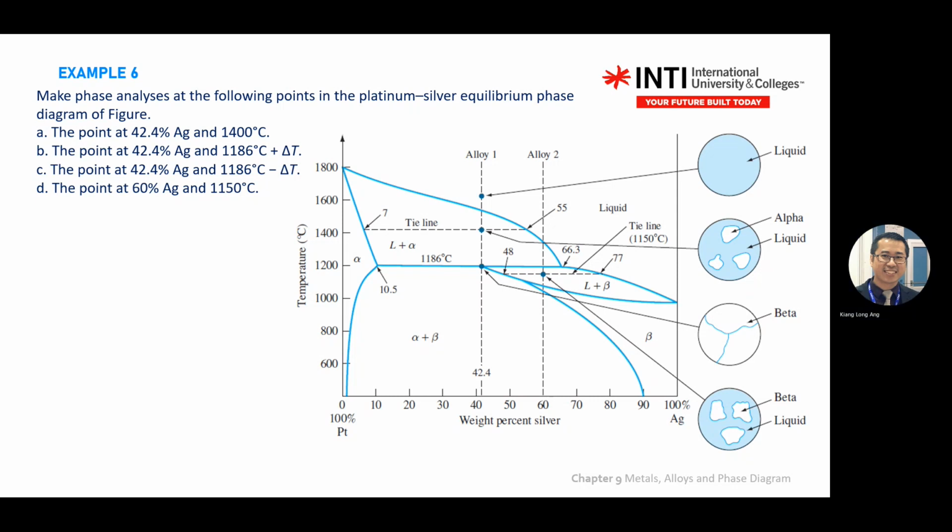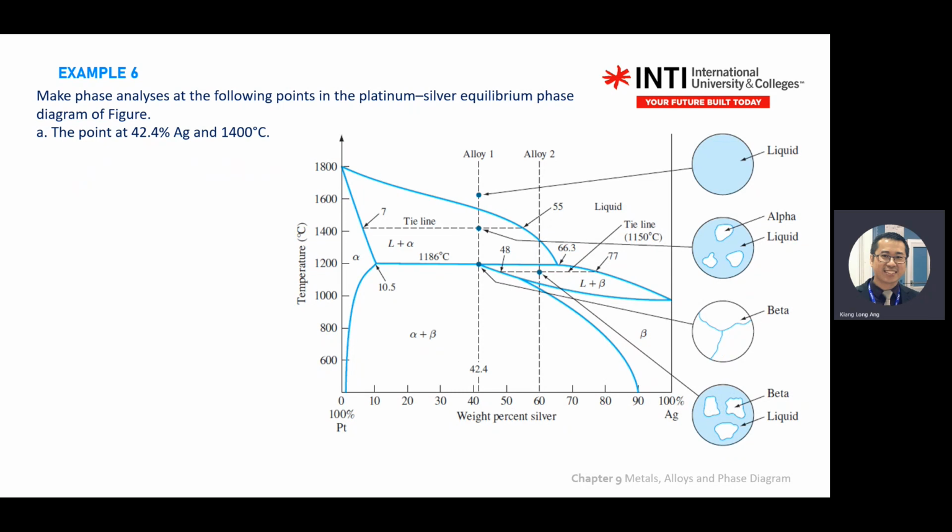So you go to the diagram, pick the percentage of Ag, 42.4, and draw a line for this alloy 1 in this example, and then the temperature at 1400 Celsius, to this one. So for a phase diagram, always identify where the composition is and where the temperature is.